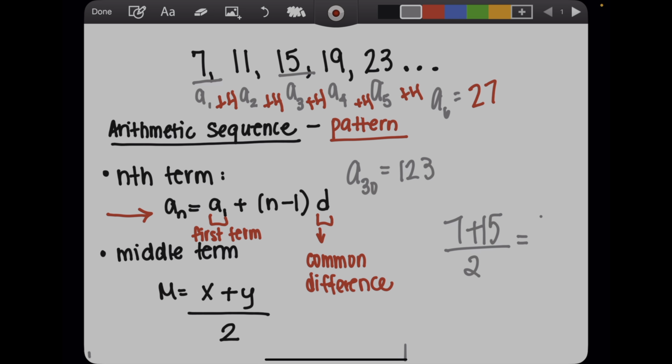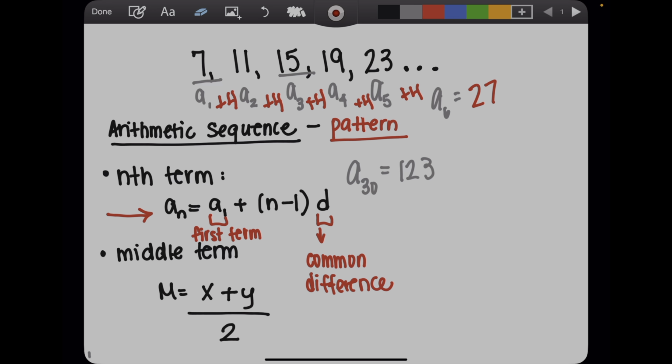When you add 7 and 15 it equals 22, you divide that by 2, it would equal 11. And the same approach works for finding other middle numbers, like adding 7 and 23, which equals 30. When you divide that by 2, it will equal 15.